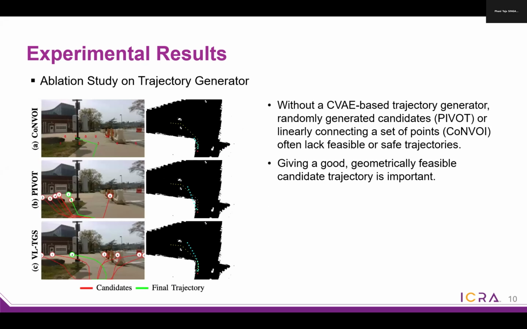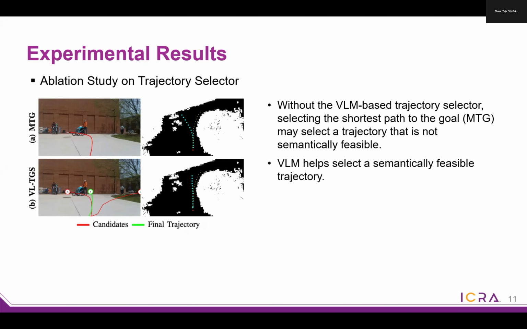However, because the VLM has the capability to understand the image of the scene, if we do have a trajectory generated that avoids the human in the scene, the VLM can select the path that avoids the human. I hope that answers your question.